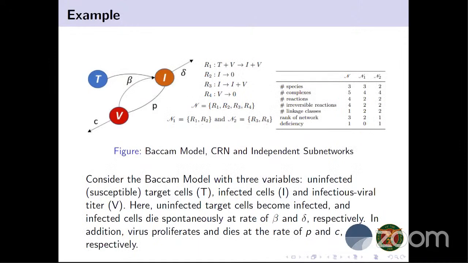So we use this N1 here. N1 contains R1 and R2. The deficiency of this subnetwork is 0. Since the deficiency of this network is 0 and this is not weakly reversible, then based on the deficiency zero theorem, there is no positive equilibrium.